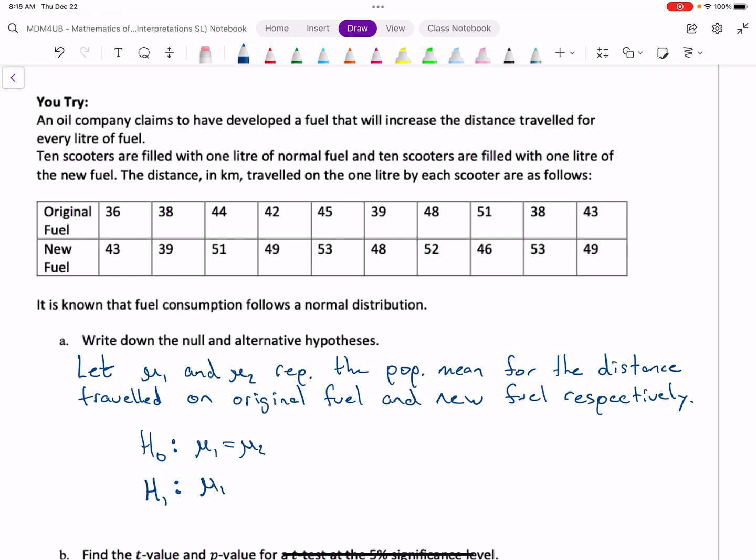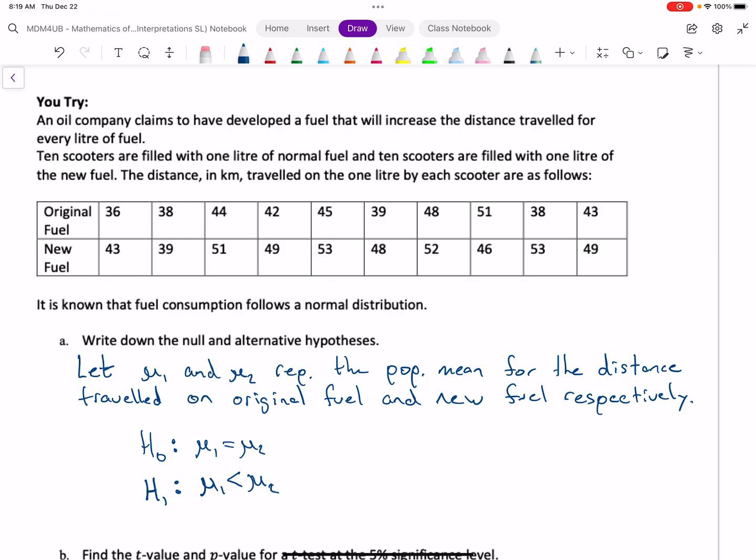So in this case, we're testing to see if the new fuel allows those scooters to travel further. So if it is better, then the new fuel, which is mu2, distance traveled, will be greater than mu1. So mu2 is greater than mu1.